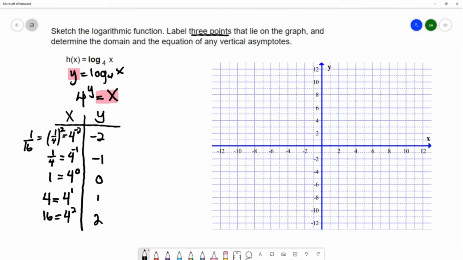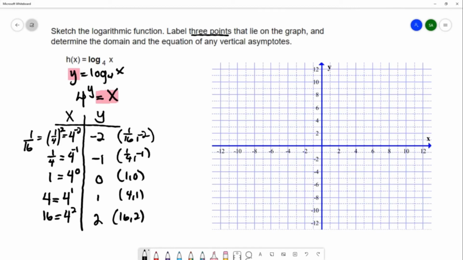This gives me a set of ordered pairs: 1/16, -2; 1/4, -1; 1, 0; 4, 1; 16, 2.